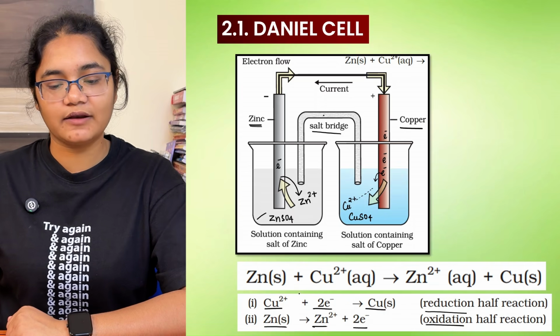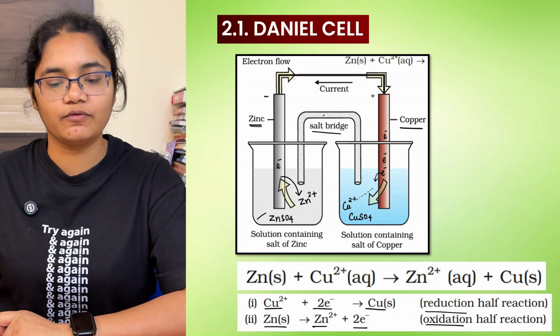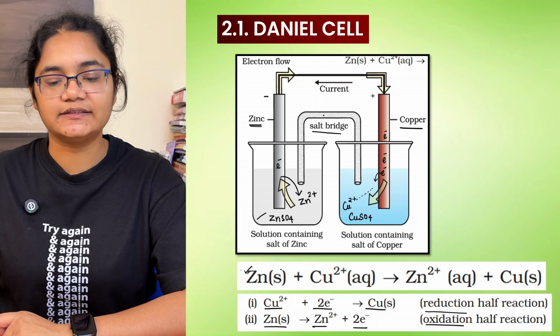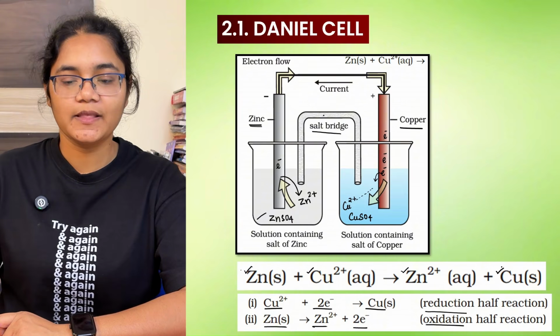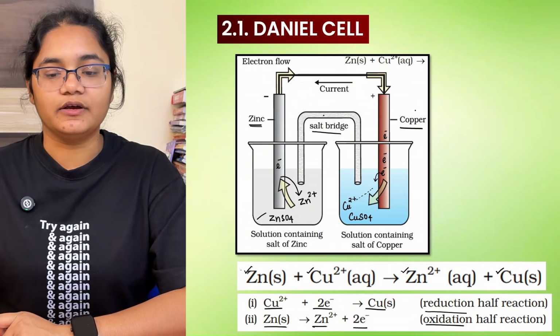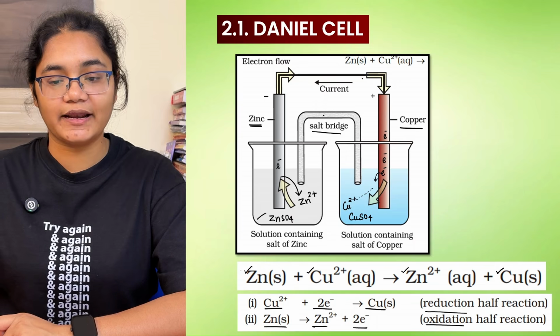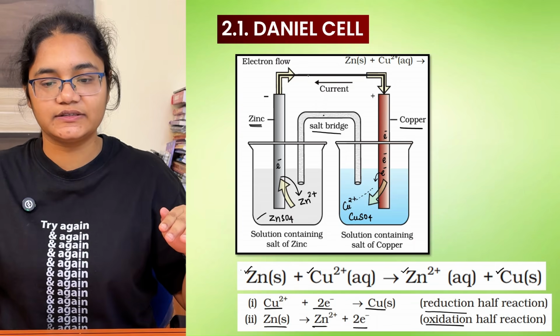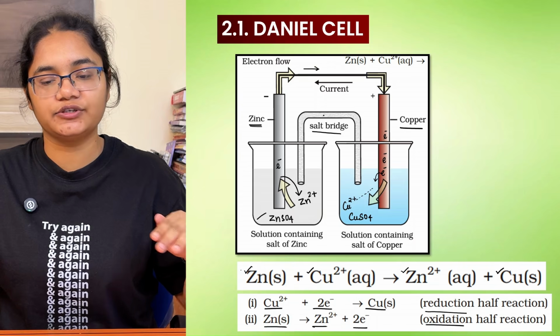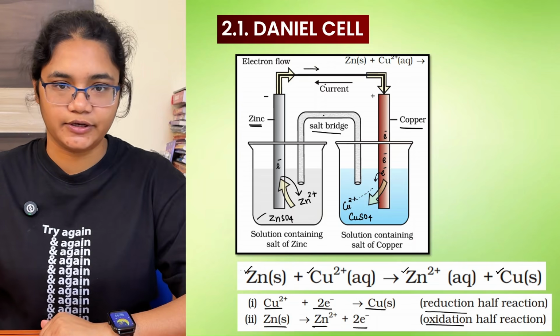When I add these two reactions, the overall reaction of this Daniell cell is Zn plus Cu2+ gives Zn2+ plus Cu. This is the direction of flow of electrons, and current will flow in the opposite direction of that, right?